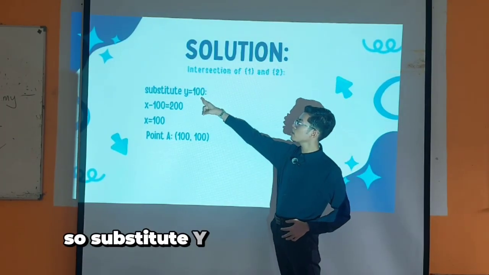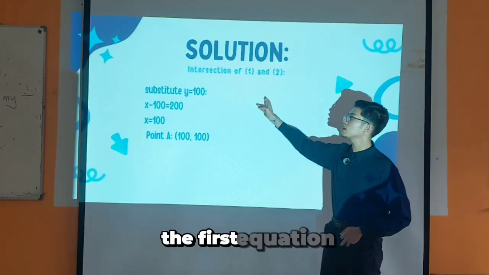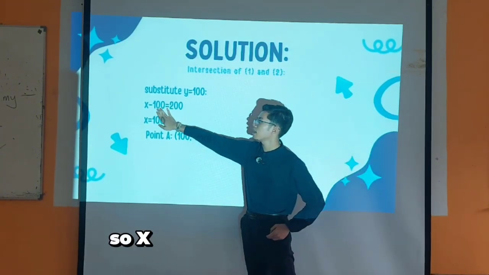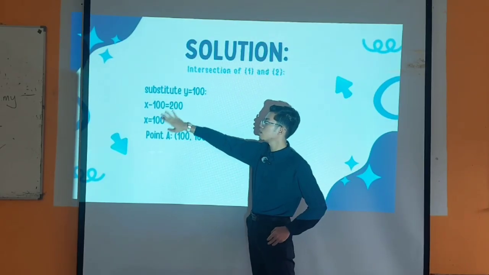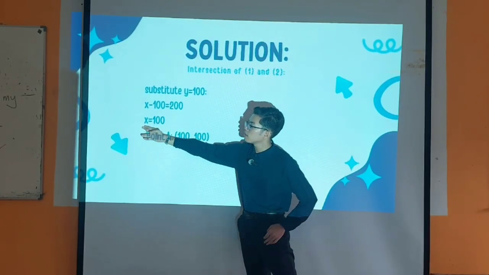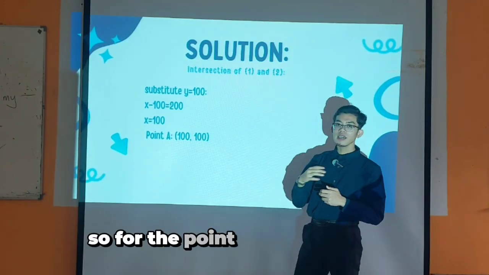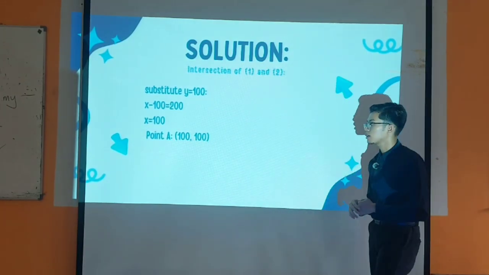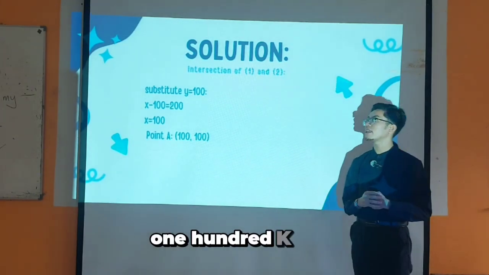Substitute y equals 100 in the first equation, so x plus 100 is equal to 200, and the result is x equals 100. So for point A, x is 100 and y is also 100. Okay, next.